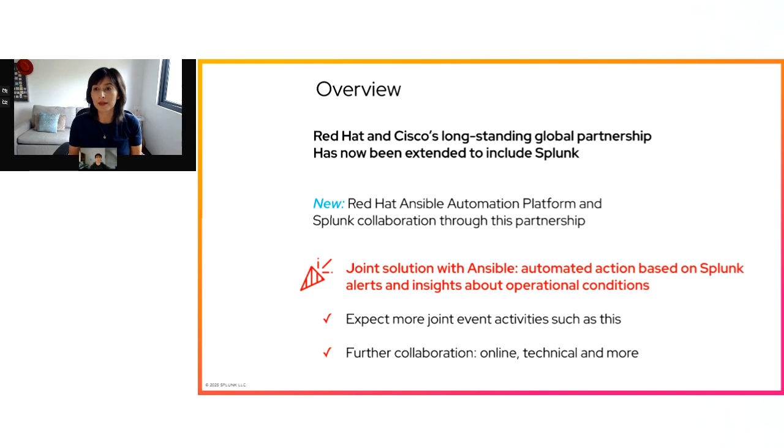And as the partnership and technologies evolved, we introduced also event-driven Ansible a few years ago. And recently this year, we partnered with Splunk to support an integration to integrate Splunk technologies to have an automated response for the events that are coming from Splunk. So we'll have more information here.